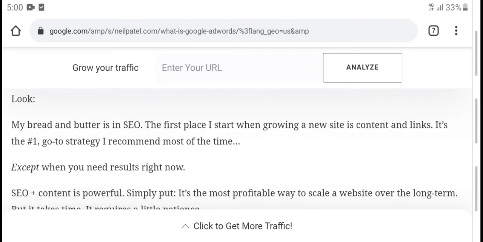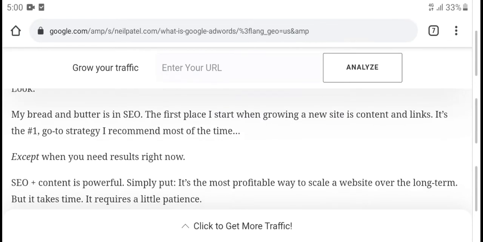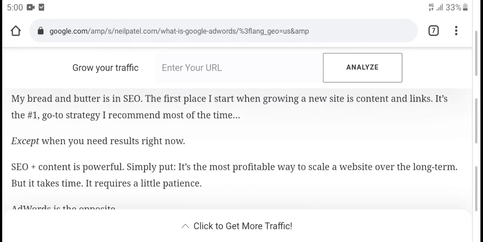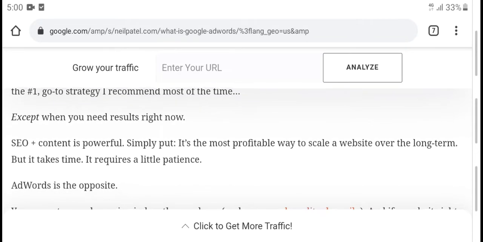My bread and butter is SEO in the first place, starting when growing a new site's content. I recommend it most of the time.